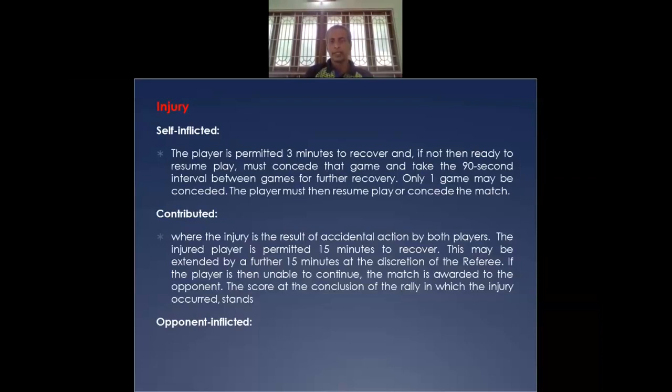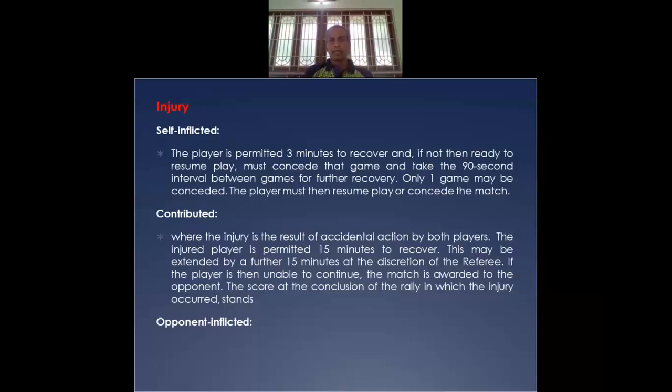A contributed injury entitles a player to 15 minutes. Of course, he can come back earlier also, in 2 minutes, 5 minutes, 10 minutes, whatever it is. Both players will be given time enough to warm up. And if he is not able to come back in 15 minutes, the referee has the discretion to permit 15 more minutes by his judgment of the injury. This is purely at the discretion of the referee, and nobody can influence it.